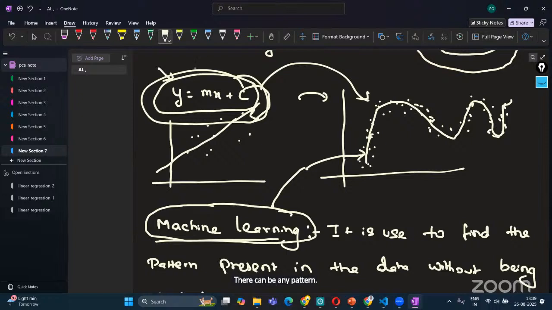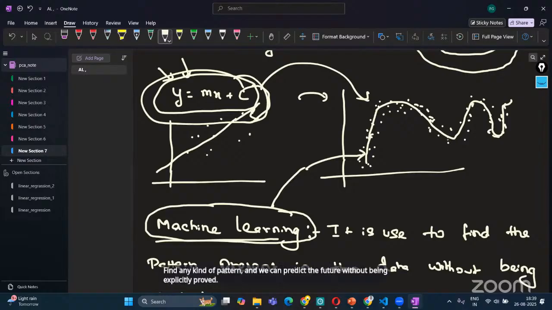Although we also have linear regression and logistic regression, where we have an equation to create a straight line or sigmoidal line, when it comes to machine learning, we can find any kind of pattern and predict the future without being explicitly programmed.